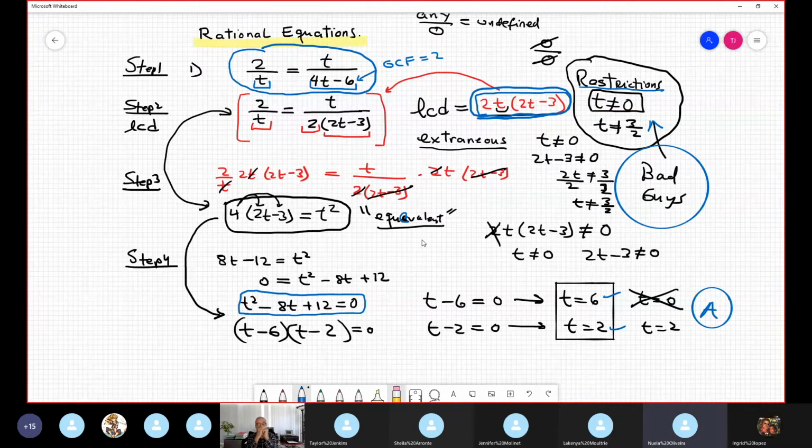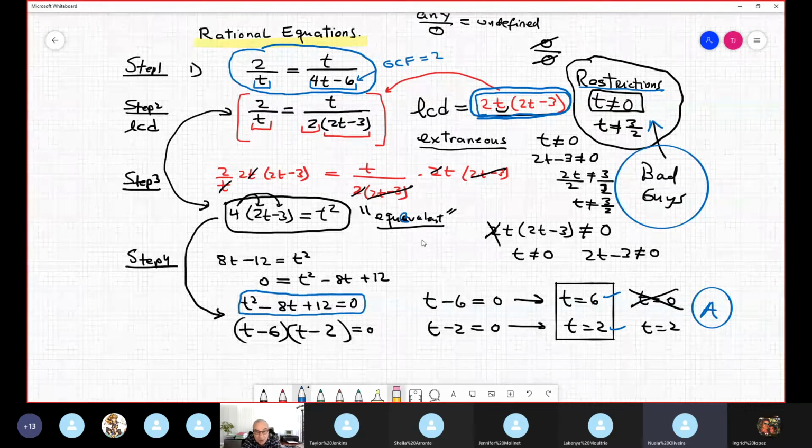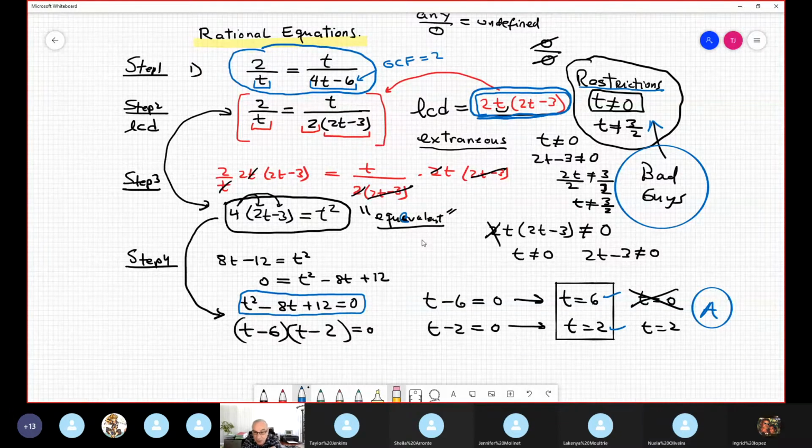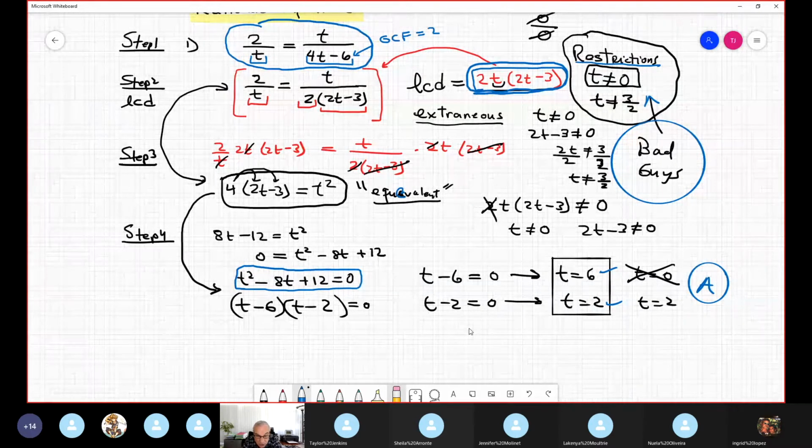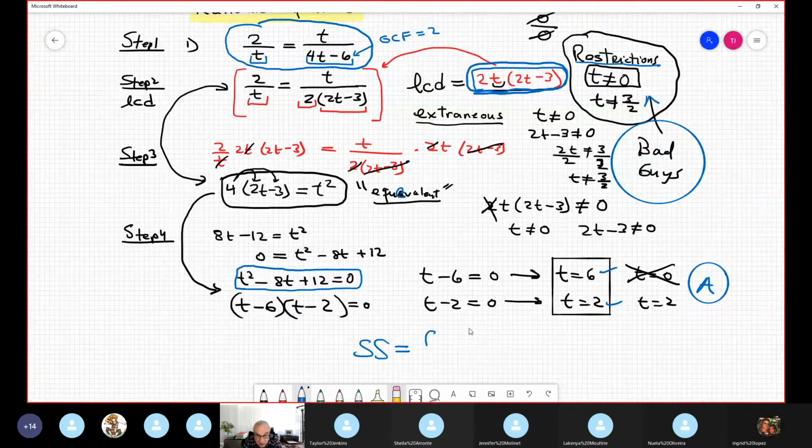Yes, Professor. The thing that I don't understand is, what is the important part? The restriction, or do we need to prove everything? Every detail is important. Okay, the important, you say, the solution of this equation is the solution set 6.